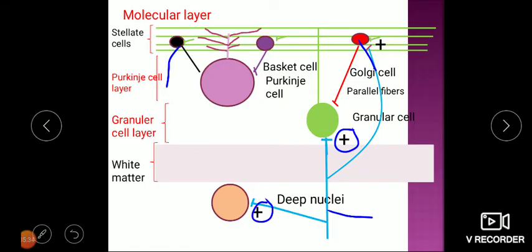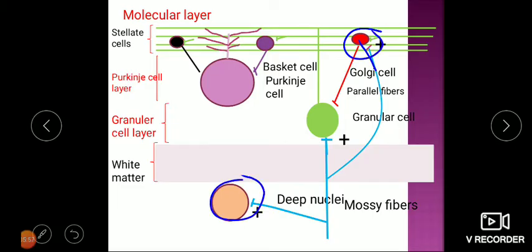Positive means they will release excitatory neurotransmitter and they will excite the stimulating cell. So these are called as mossy fibers. So these afferents which are coming to granular cell are called as mossy fiber. They are making synaptic connection with granular cell, Golgi cell as well as deep nuclei, and these are excitatory in nature. So this is the mossy fiber.